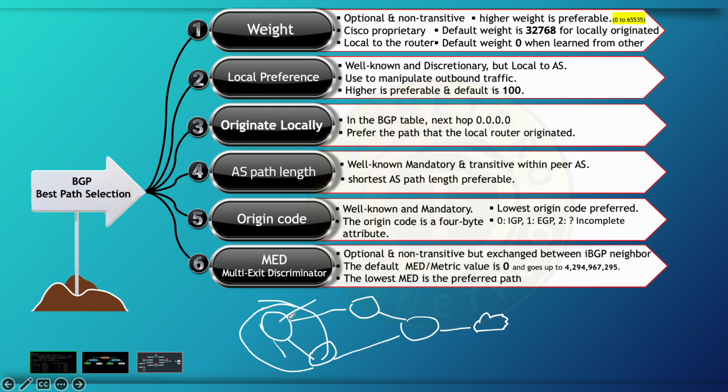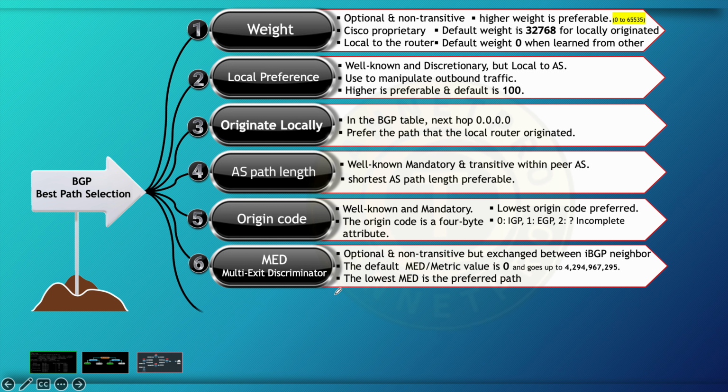This path you have learned via eBGP, because router 2 is your eBGP neighbor, and router 3 is your IBGP neighbor, because it comes under the same AS number. So this route would be preferable because eBGP is preferable over IBGP.